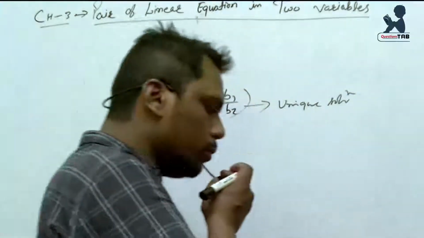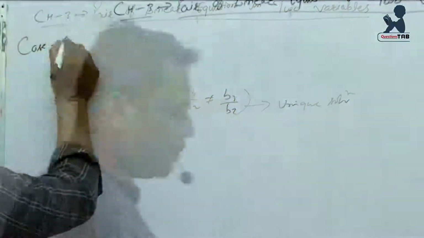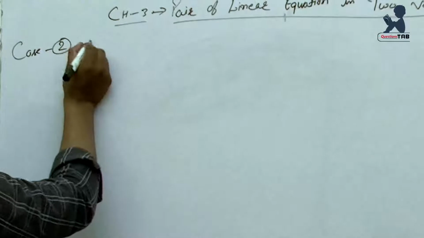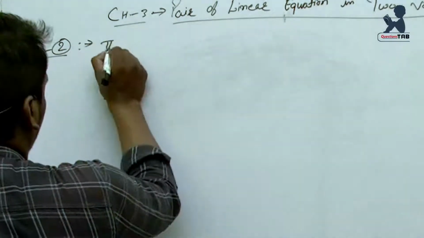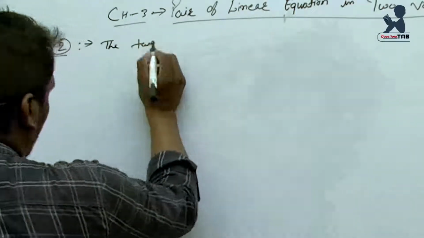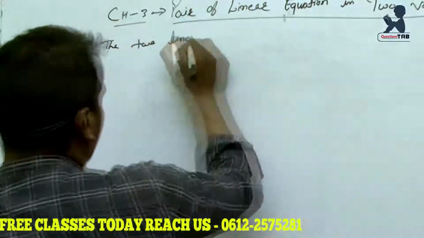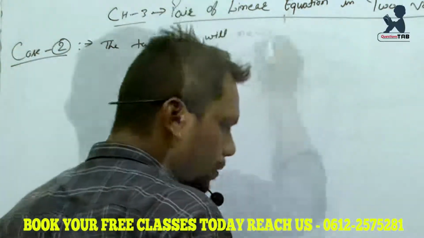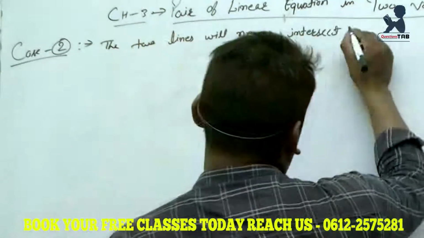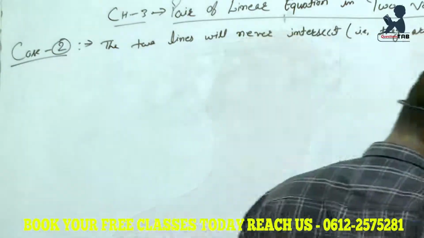Now we are going to move on to case 2. The two lines will never intersect, that is, they are parallel.